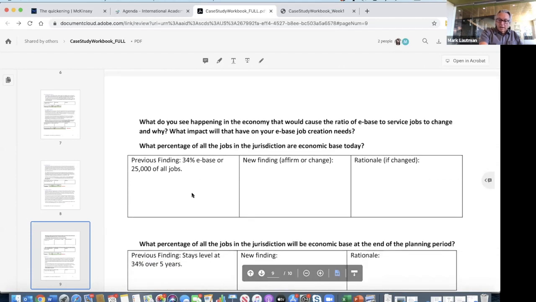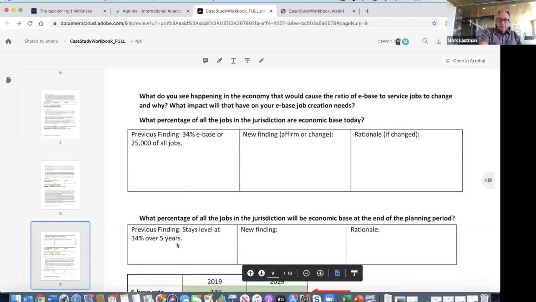Economic base number, again, this is where you would want to rethink the group's original number. And this whole program is meant to be a moving and nimble process where, as conditions change and as perceptions change and as new data comes in, you just constantly update it.